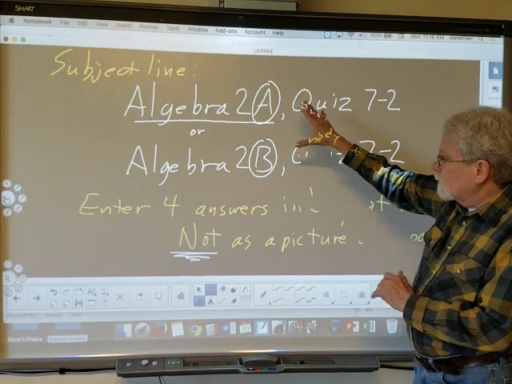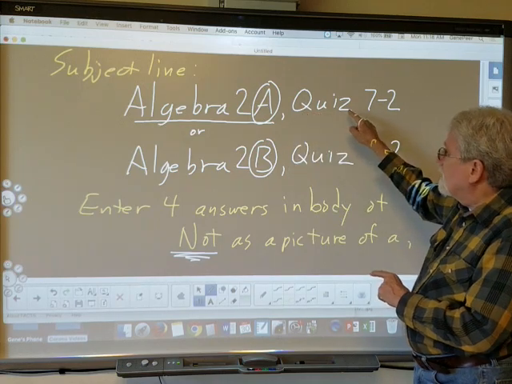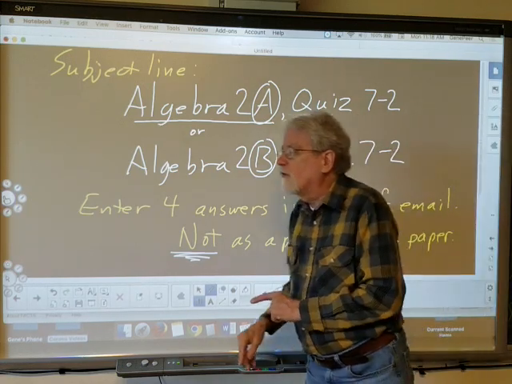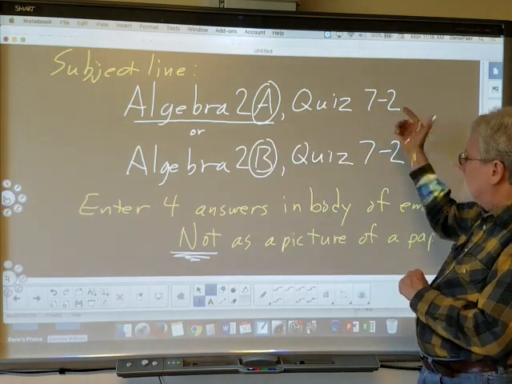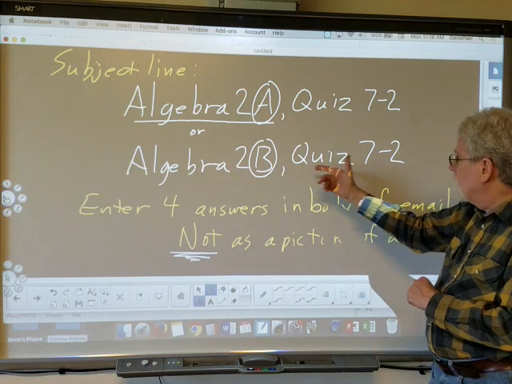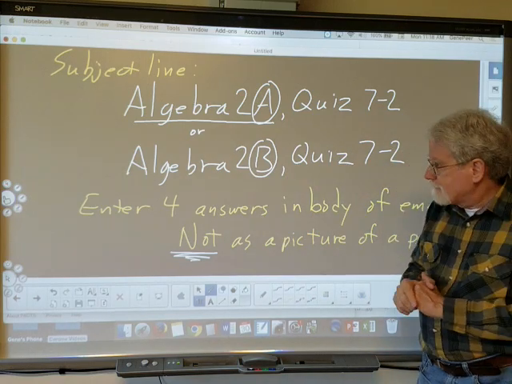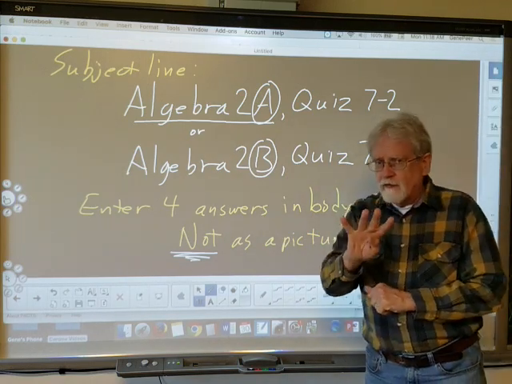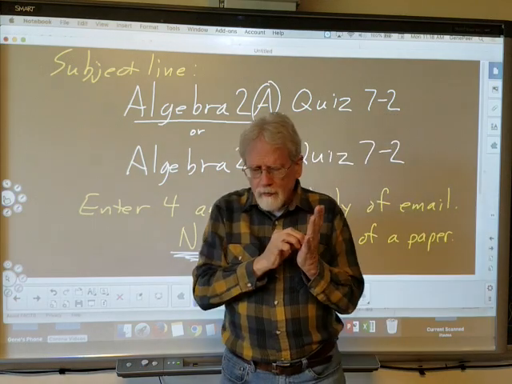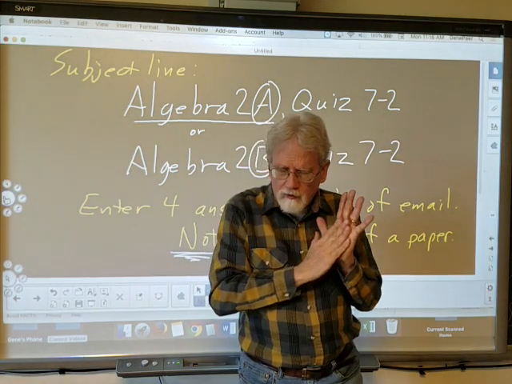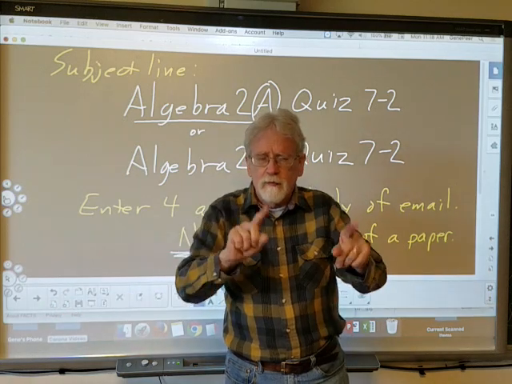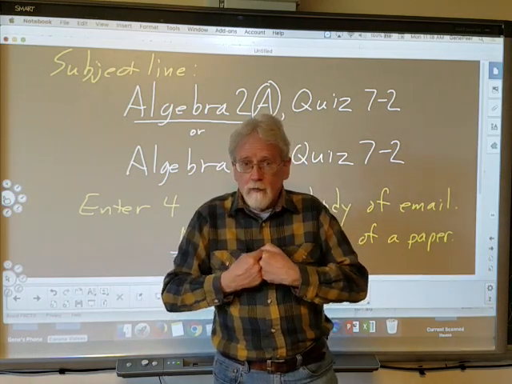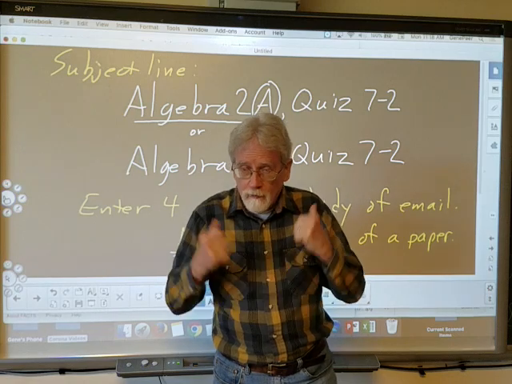Then for the quizzes, write the word quiz, and this will be the quiz based on section 7.2. So Algebra 2A, quiz 7-2, or Algebra 2B, quiz 7-2. All right? Then you will enter your 4 answers, not on paper. You're not going to do it on paper and take a picture and send the picture. No. Way too much trouble for both you and especially for me. I don't want to have to open your pictures for this one.